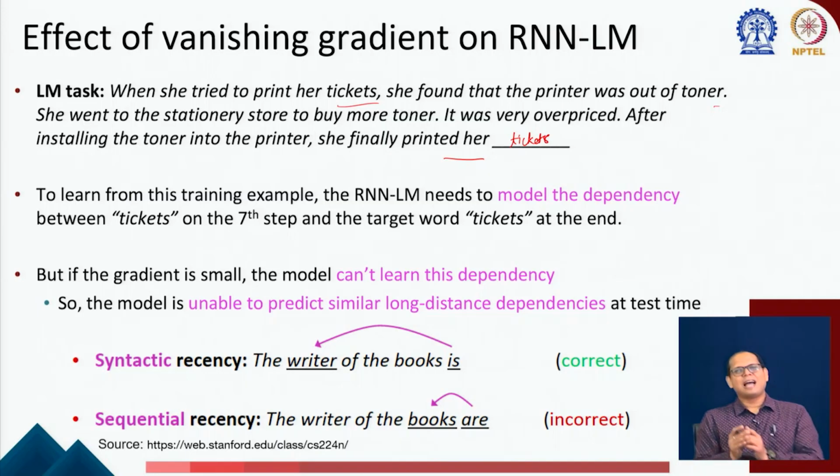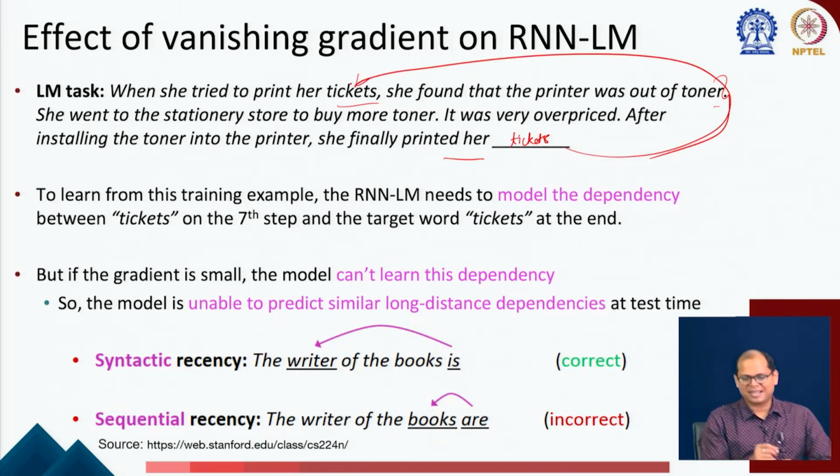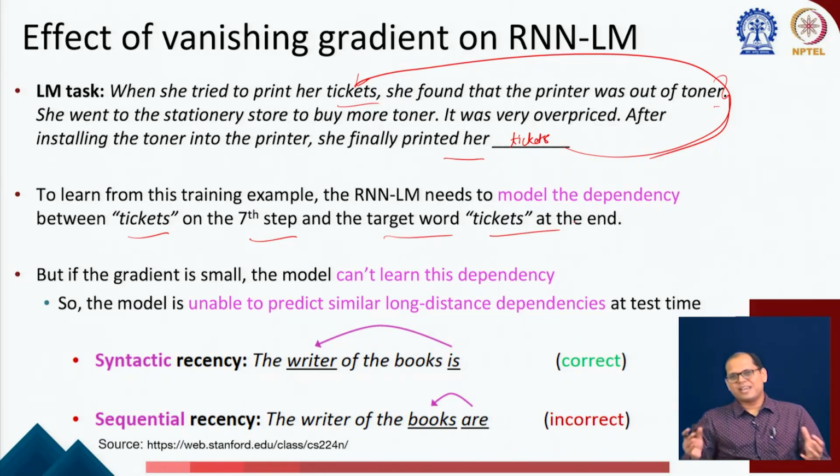But think about how many steps back you have to go. There may be 20 or more than 20 words in between. So you have to go that many words back to be able to use that. That means the RNN model has to model the dependency between tickets on the 7th step and the target word tickets at the end, and that is very long term.